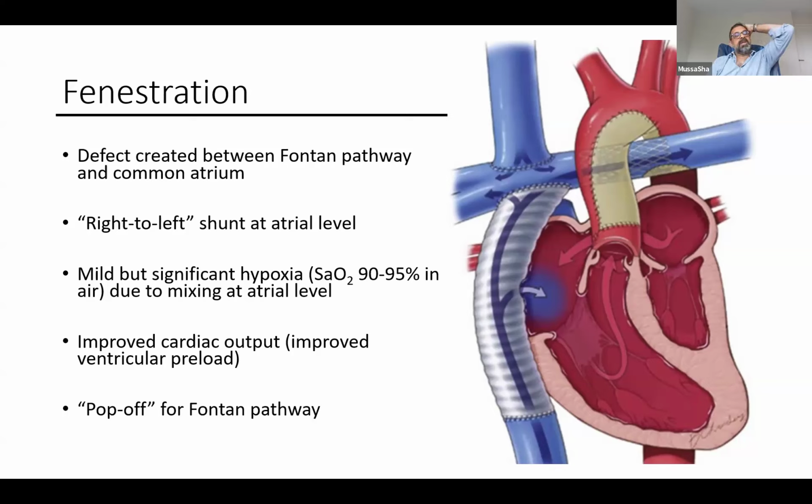And the way that we do that nowadays, and I'm just going to fast forward a little bit, and I think Fontan also used to do this, was that he used to fenestrate the Fontan circulation. So creating a defect between the Fontan pathway, okay, and the ventricular preload or the atrium. So therefore you get a right to left shunt at atrial level, and because of that you get mild but significant hypoxia.